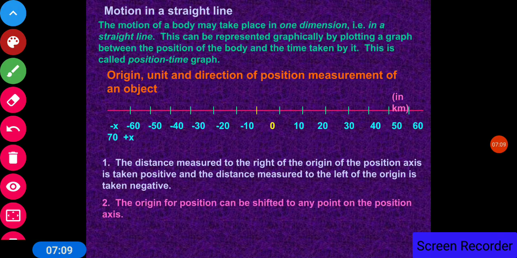The origin for position can be shifted to any point on the position axis. So here, this is the position axis, and this point is the origin or the reference point. So the reference point can be shifted on this line to any position.